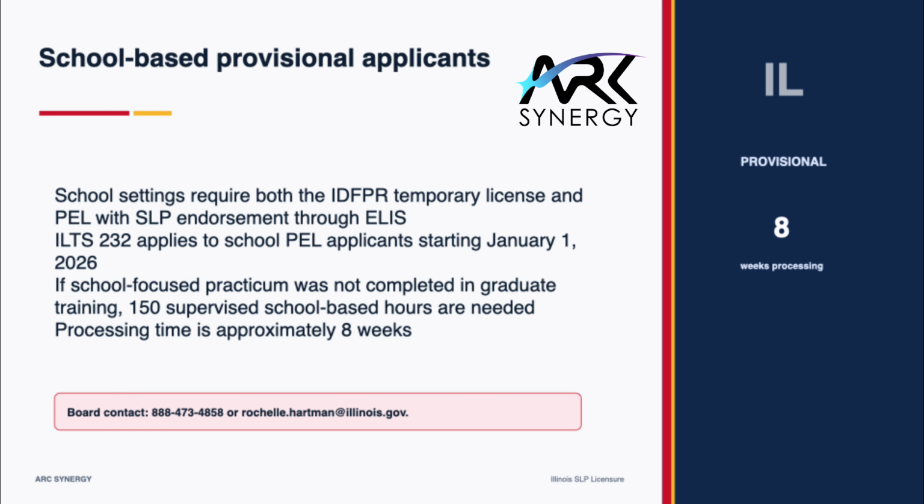And you will need to pass an exam as well, starting January of this year. That is a new requirement. You would also have to make sure that during your practicum in graduate school, you completed some supervised experience hours in a school-based setting. Otherwise, that would be a requirement for you to complete before you do your CF in the school system. And for the timeline, you can expect approximately 8 weeks for the license to be processed.